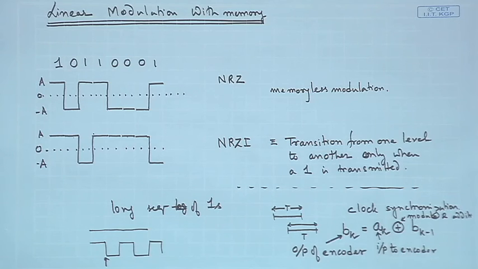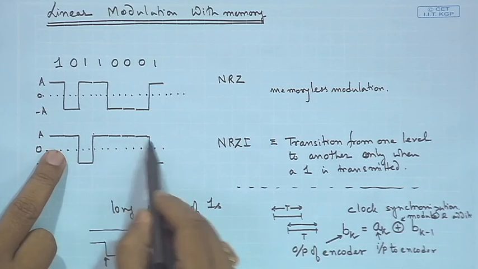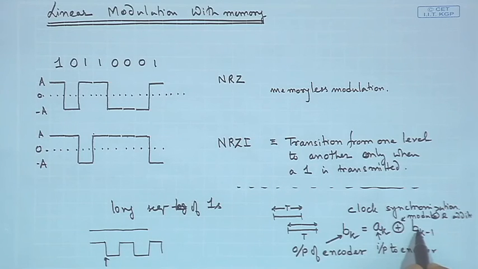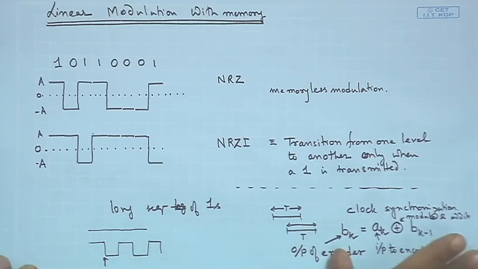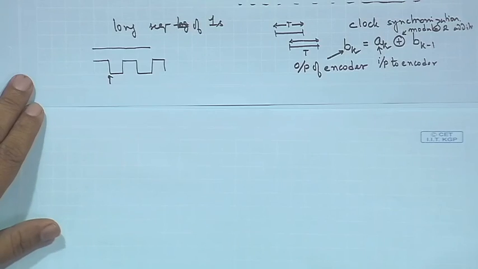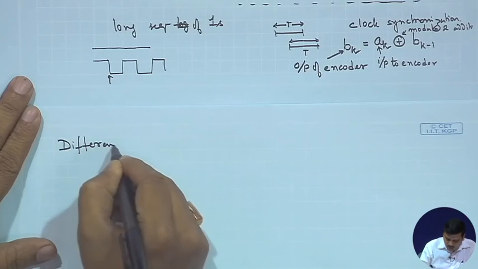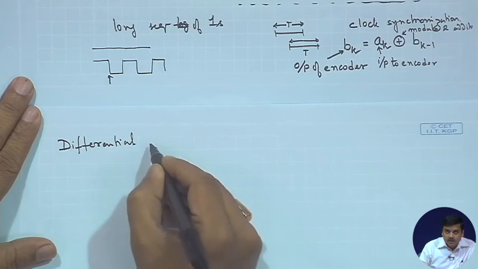So, if you follow this, you could clearly generate this kind of a pattern, right. This kind of operation we could also identify as differential encoding. So, this is also known as differential encoding.